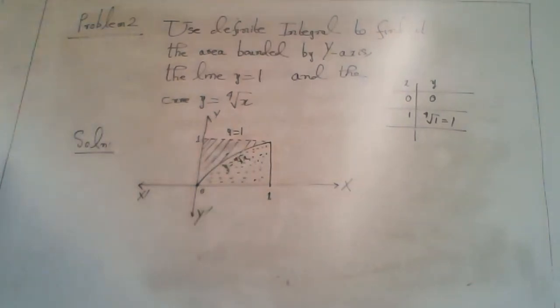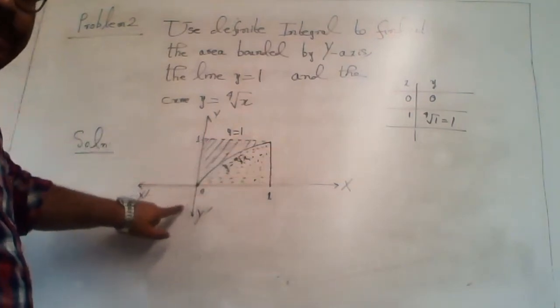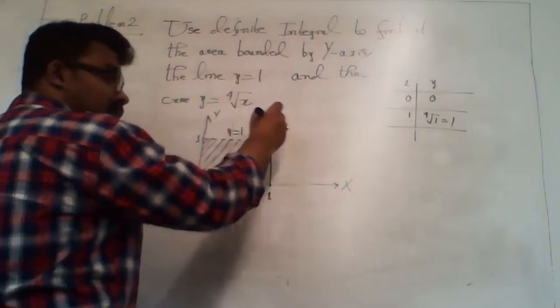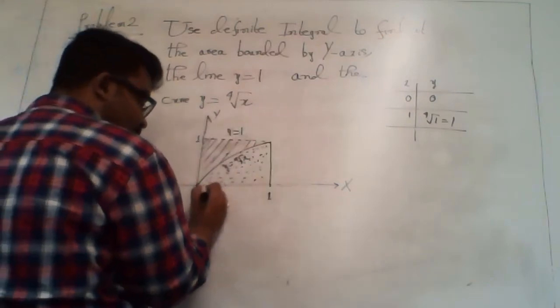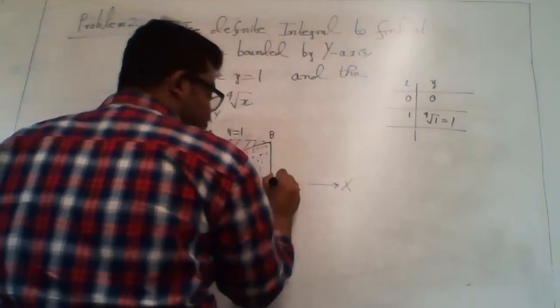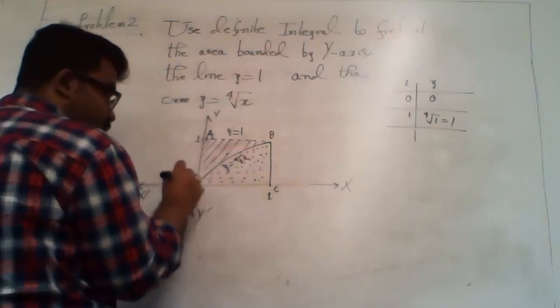So what to do? But I observe that this whole thing is a rectangle, right? Let's name this rectangle: call this A, this B, this C, and the origin is O, right?